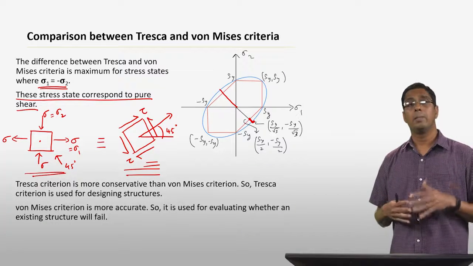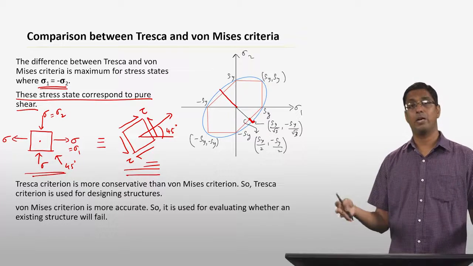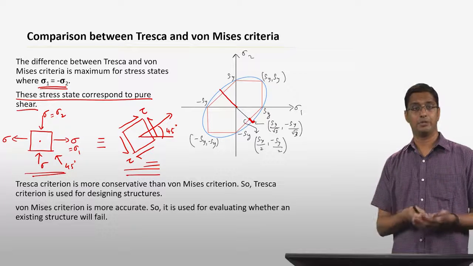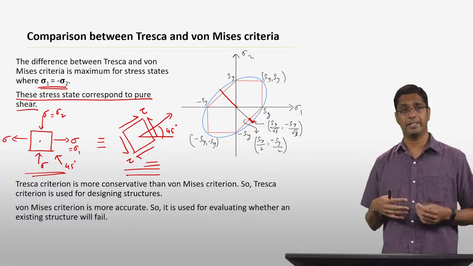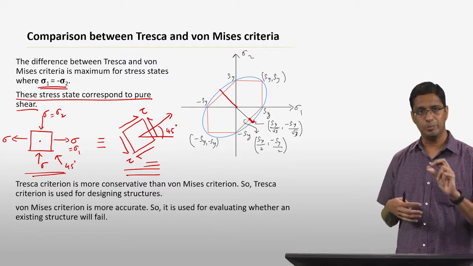But once you have designed the beam and actually made it, now you're interested in figuring out whether this particular structure is going to fail in practice or not, then you use the von Mises criterion. The reason you use the von Mises criterion is because it is more accurate.